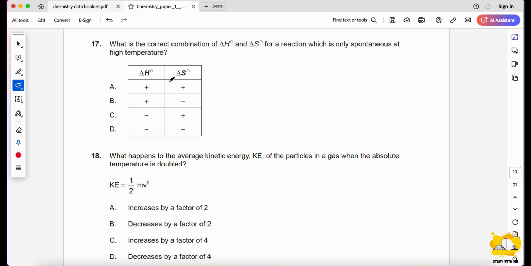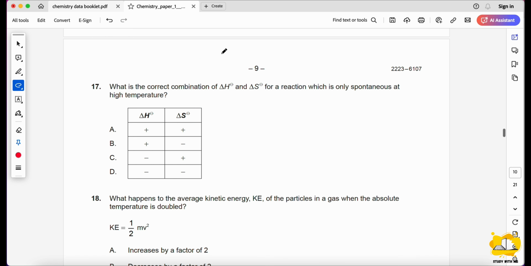What is the correct combination of delta H and delta S for a reaction which is only spontaneous at high temperature? Okay, so let me write down here.